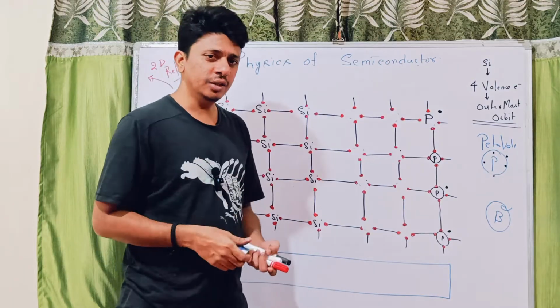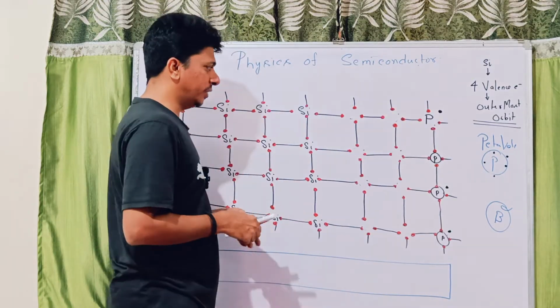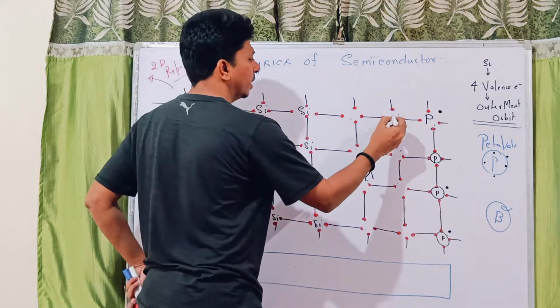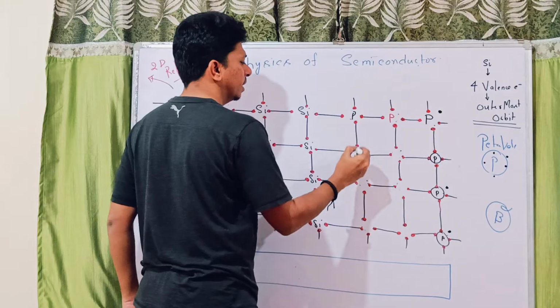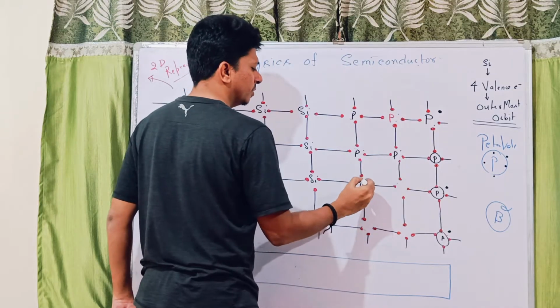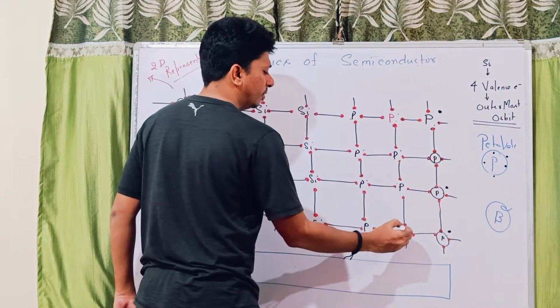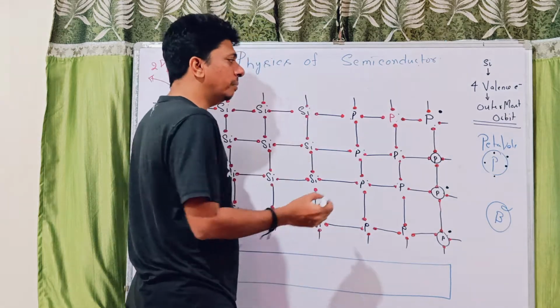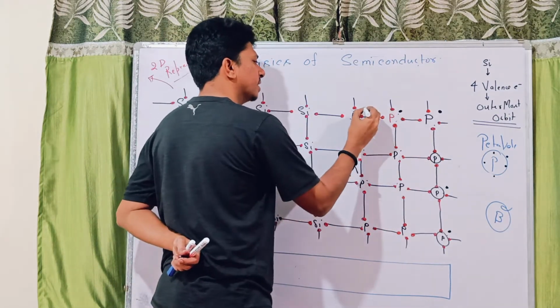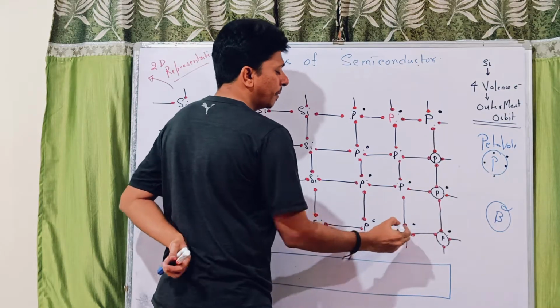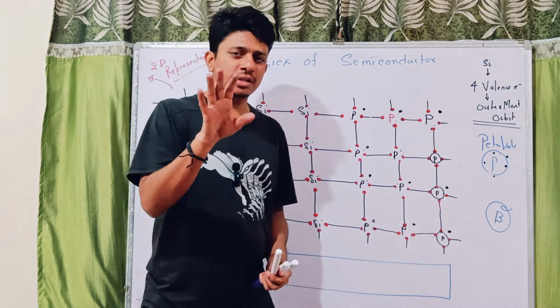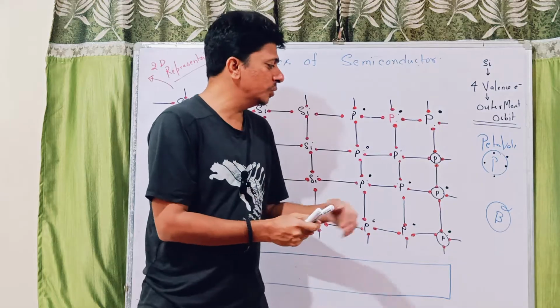And what exactly the doping will do, I will tell you after writing all these things. So here also phosphorus will come, and here also phosphorus, and likewise these phosphorus atoms will come, each with an extra electron. So if you look carefully, we have stopped or reduced the temperature.